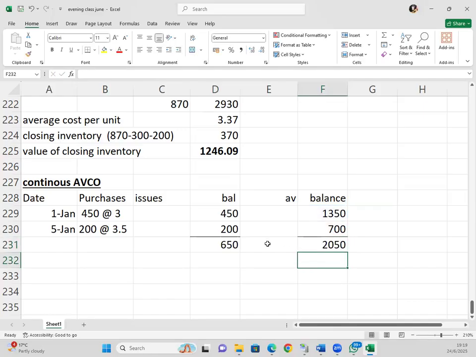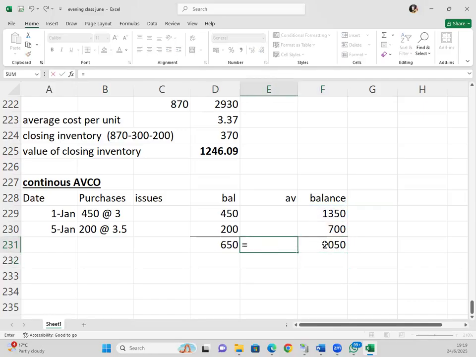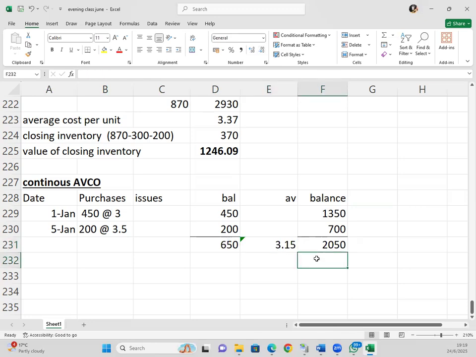So after every purchase, you calculate the average. So you say the balance on the side of the value divided by the balance on the side of the units. So you say 2050 divided by 650.